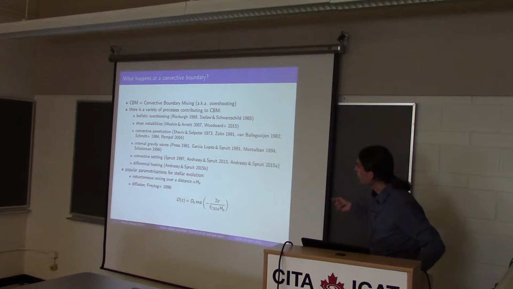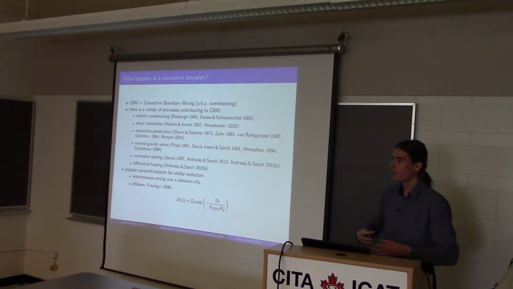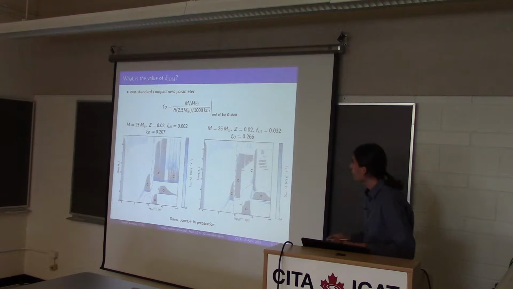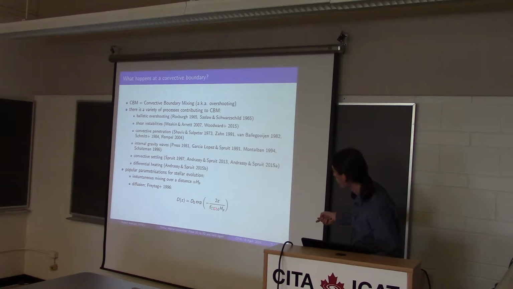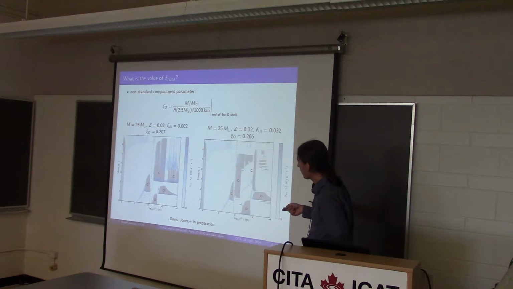Yes, so the idea here is that we have several processes that there are various analytical theories of, but of course each one of them has some parameters, and we don't know these parameters. So for example, this F_CMB here in the diffusion prescription is important, as shown in these two Kippenhahn diagrams.